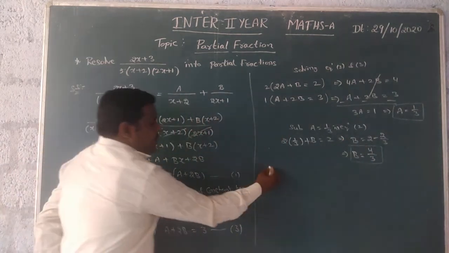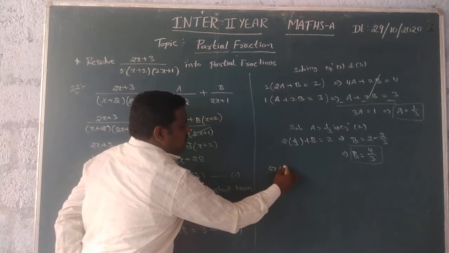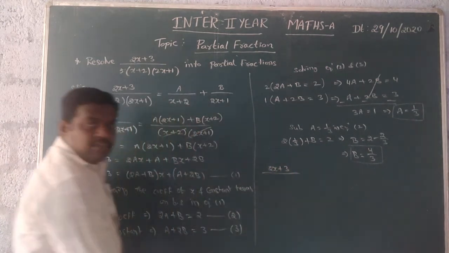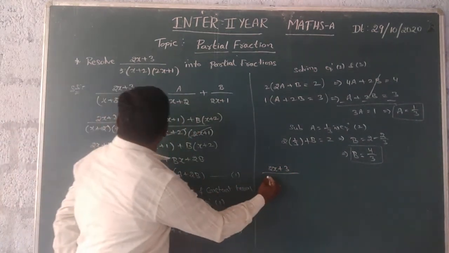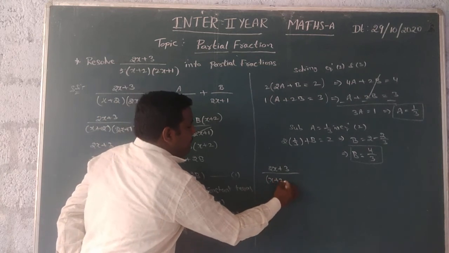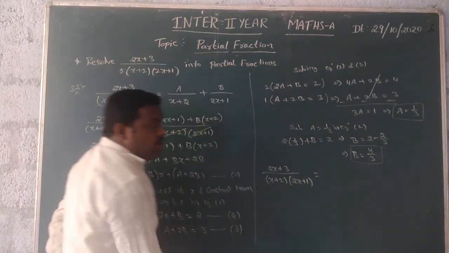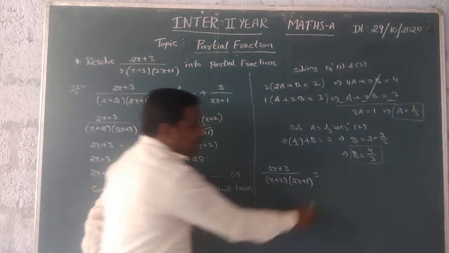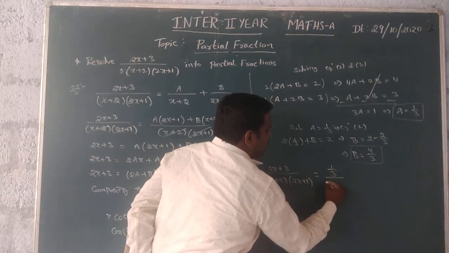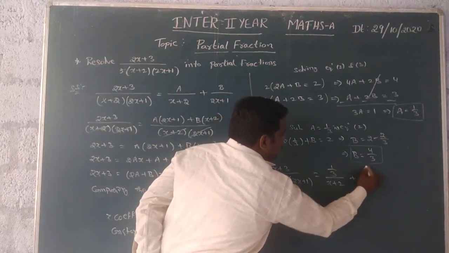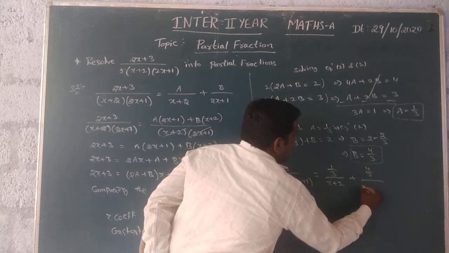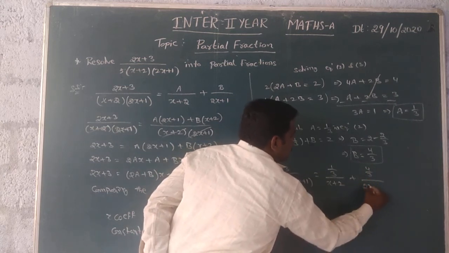So therefore, the partial fraction of the fraction 2x plus 3 by x plus 2 of 2x plus 1 is equal to, what's the value of a? 1 by 3. 1 by 3 by x plus 2 plus 4 by 3 by 2x plus 1.